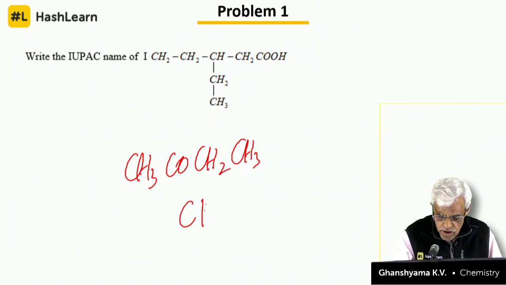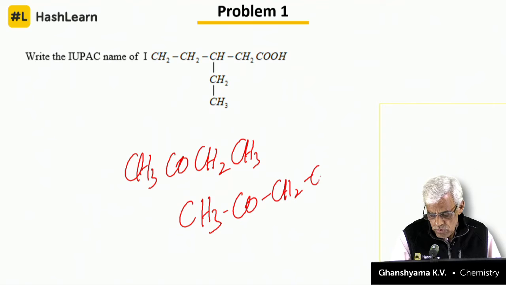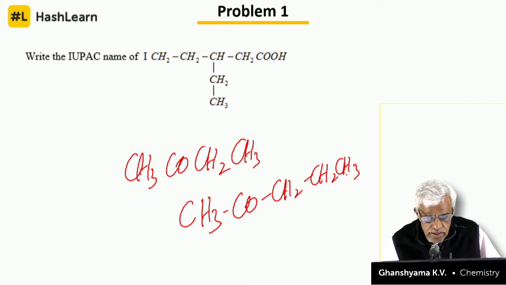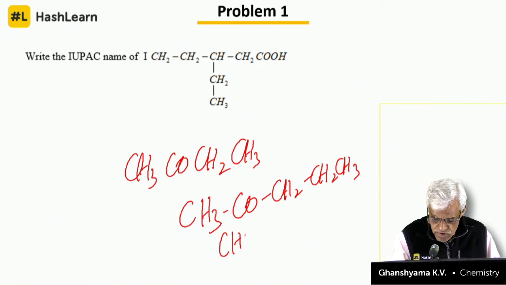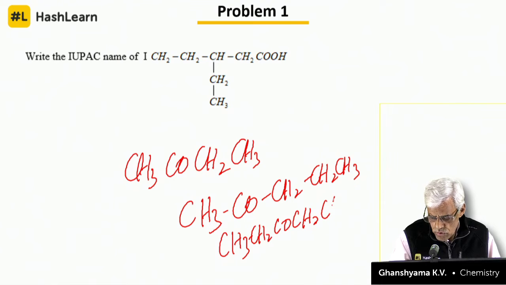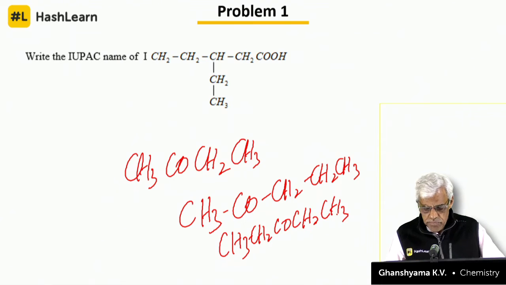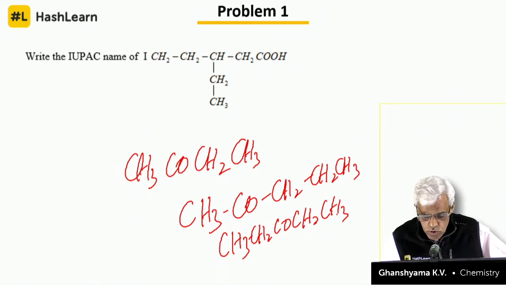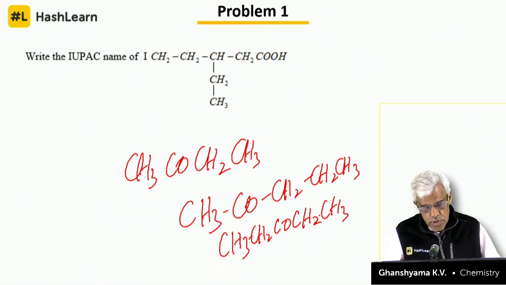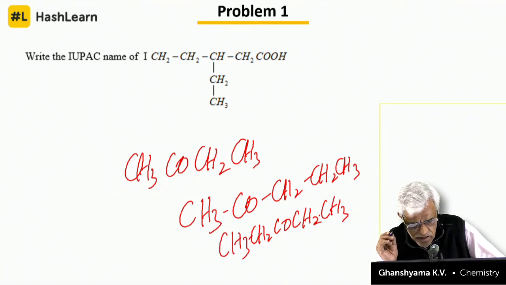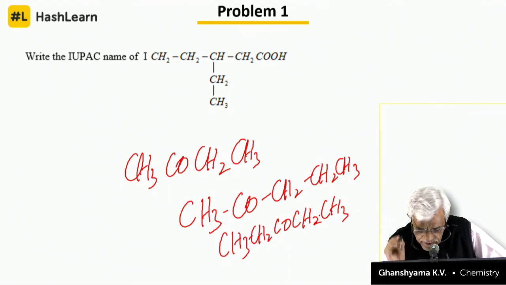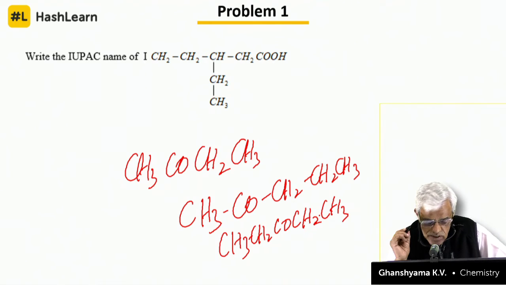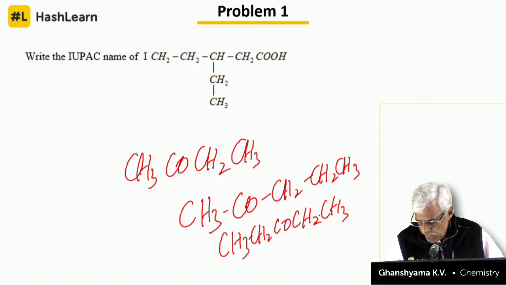Whereas from penta onwards, CH3COCH2CH2CH3 is pentan-2-one, and CH3CH2COCH2CH3 is pentan-3-one. Therefore from pentan onwards, for ketones, you should write the position of the ketone.